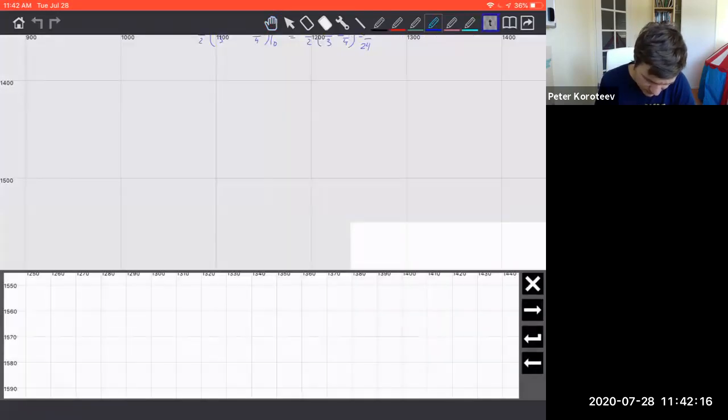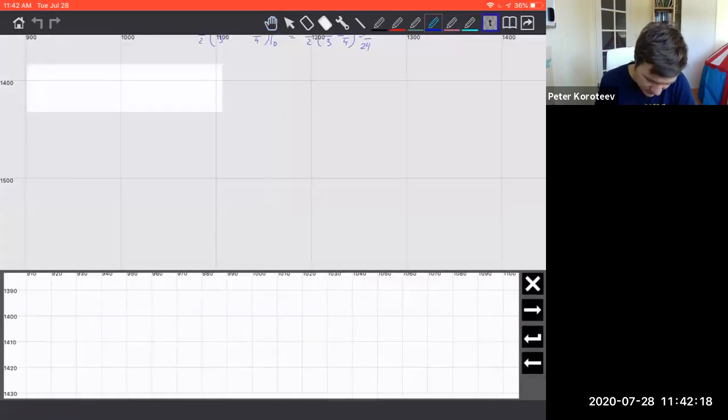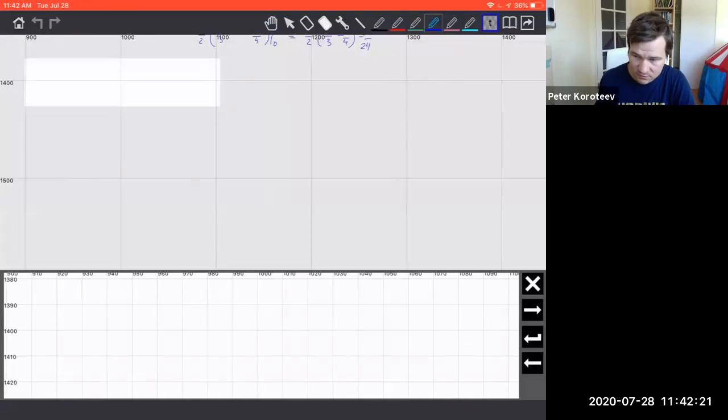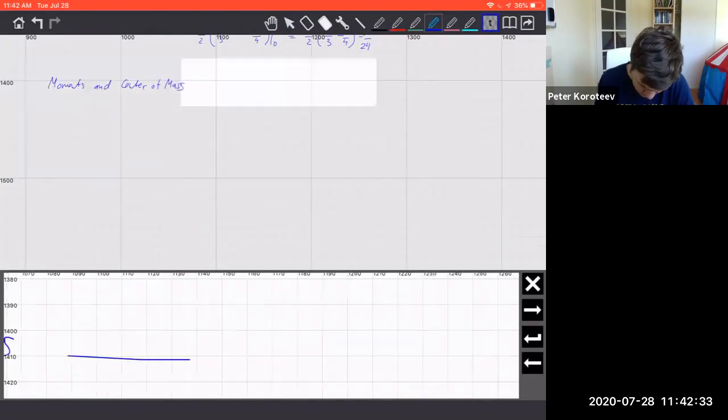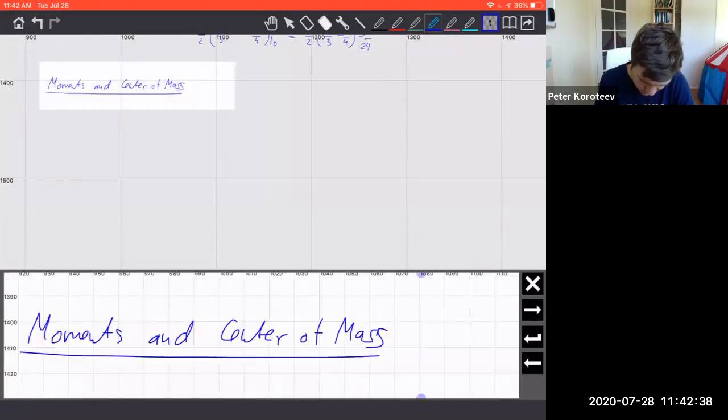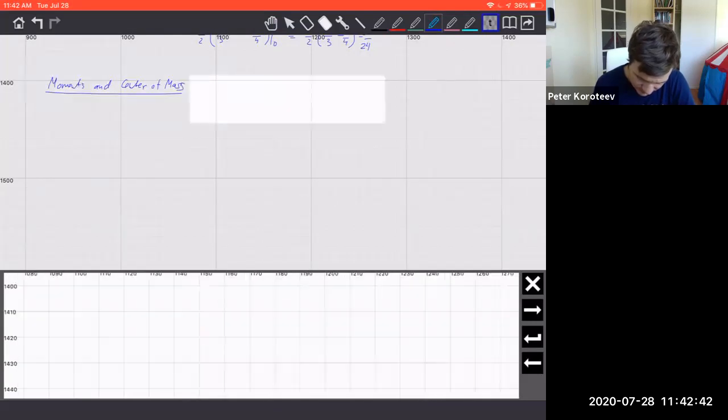Next physics application, mechanics application, is moments and center of mass. So what is this center of mass?